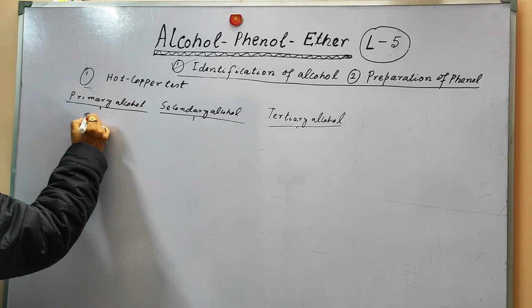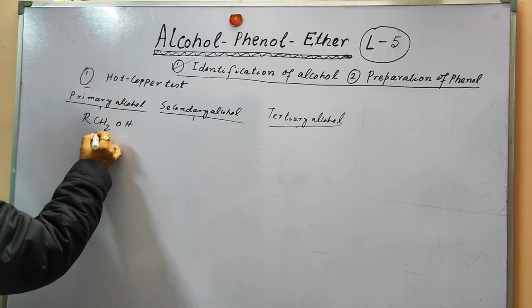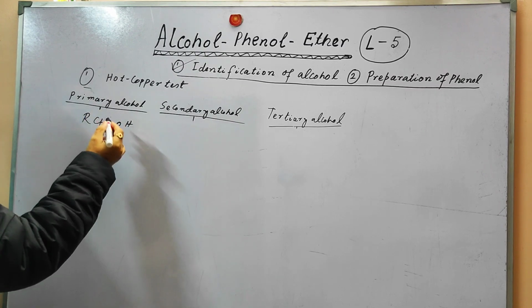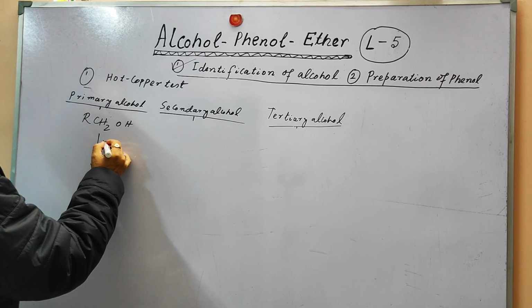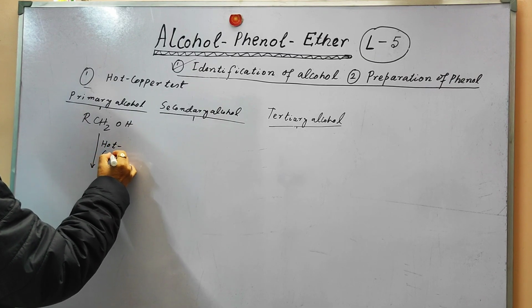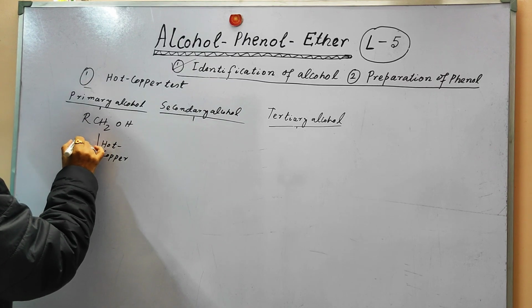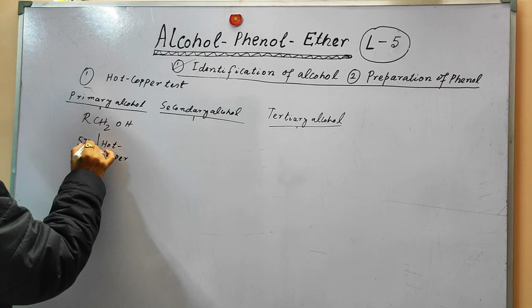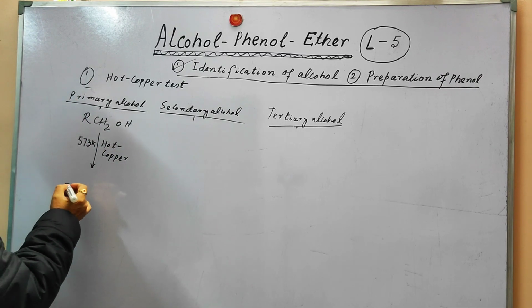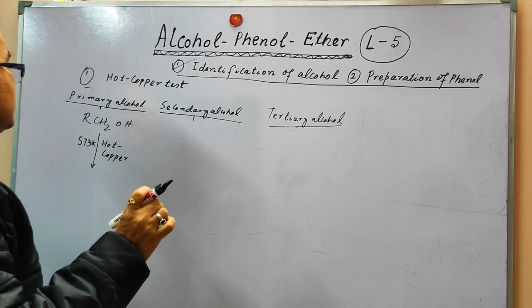Starting from RCH2OH, when the vapor of the primary alcohol is passed through the hot copper at the temperature of 573 Kelvin, the process is dehydrogenation.